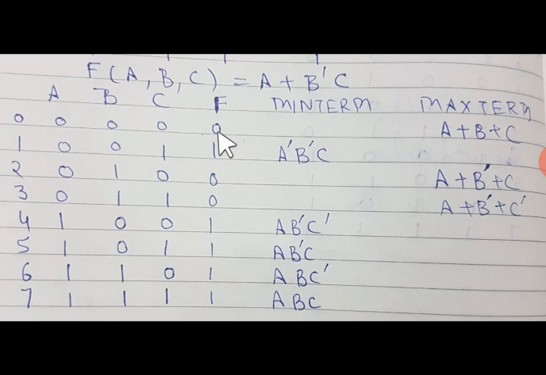You have already seen how the output is generated. Here you can see that row number 0 has output 0, 1 has output 1, 2 has 0, 3 has 0, and 4, 5, 6, 7, all of these have the output 1, generated on the basis of this given expression. Now two more columns are here, minterm and the maxterm.